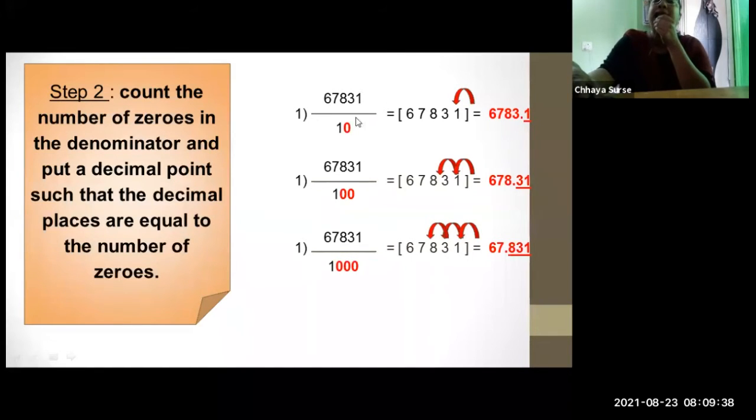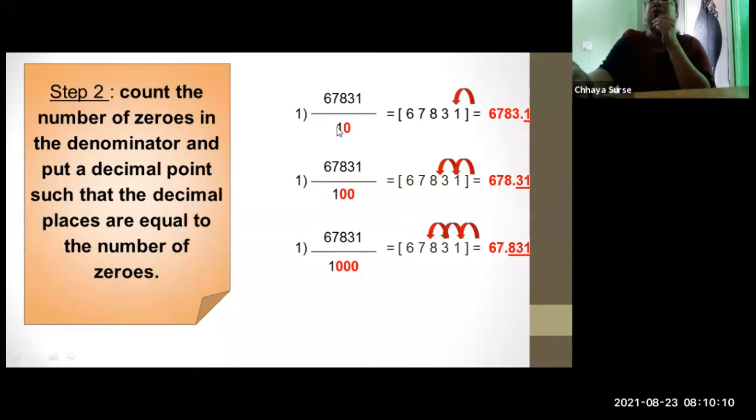But if there is a power of 10, then you can convert it into a decimal fraction. So what is necessary here? A power of 10. What is necessary in the common fraction? There should be a power of 10 if you want to convert it into a decimal fraction.